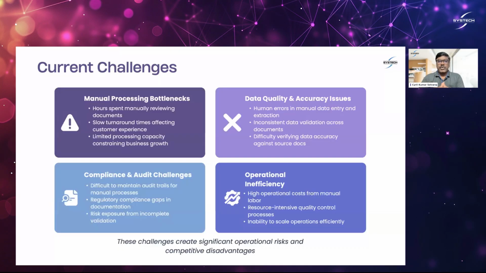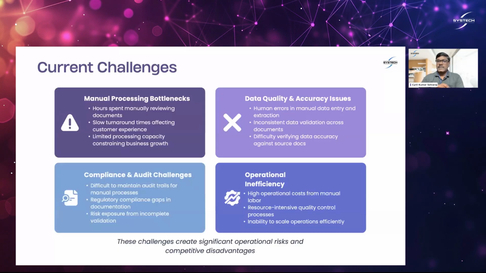These manual processes are bottlenecks. You have to spend many hours reviewing the documents. Slow turnaround time will affect your customer experience, and limited processing capacity will definitely affect your business growth negatively. And there are some data quality issues as well.